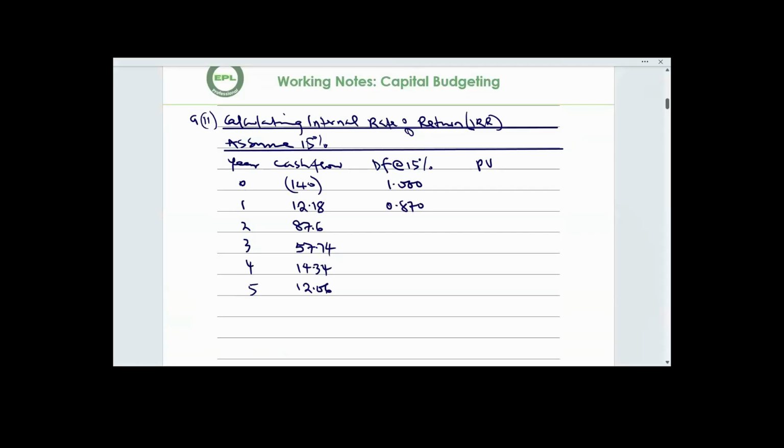In year 2, 1.15 raised to power minus 2, equal 0.756. Year 3, 1.15 raised to power minus 3, equal 0.658.